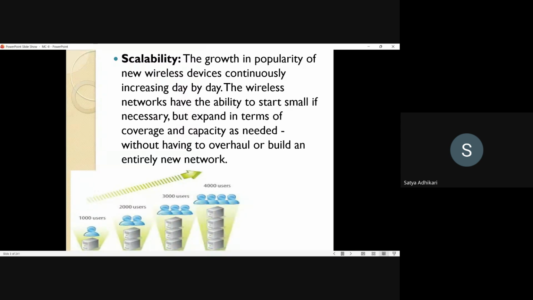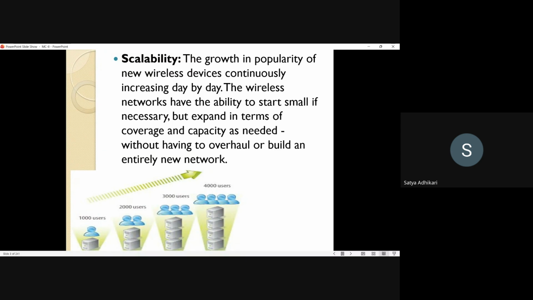So the wireless network has an ability to start small if necessary, but expand in terms of coverage and capacity as needed, without having to overhaul or build an entire new network. So it has the scalability to expand. If the number of users increases, there is no need to construct an entirely new network.